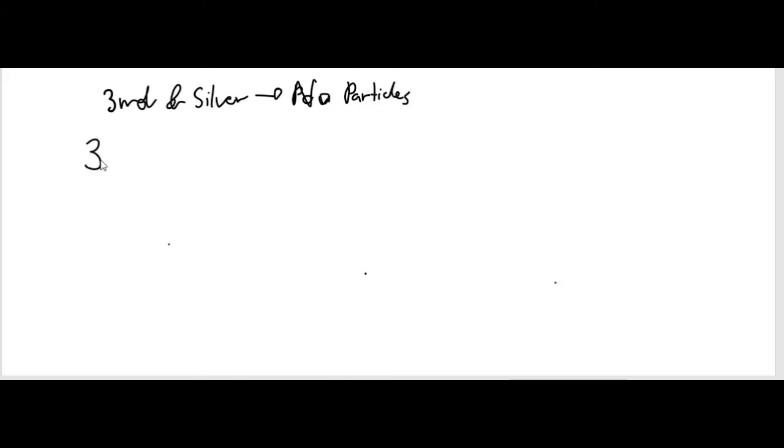So 3 moles times 6.02 times 10 to the 23rd atoms per 1 mole. Then let's multiply 3 times Avogadro's number.